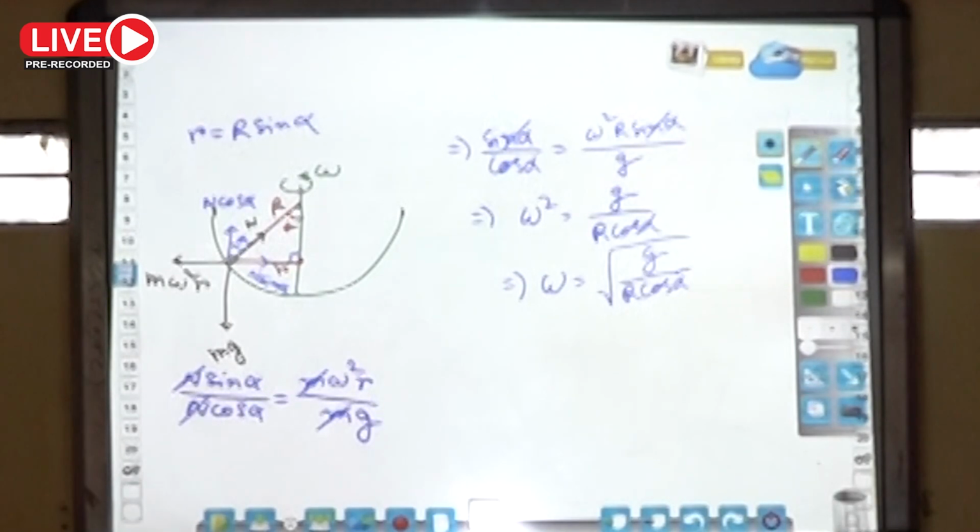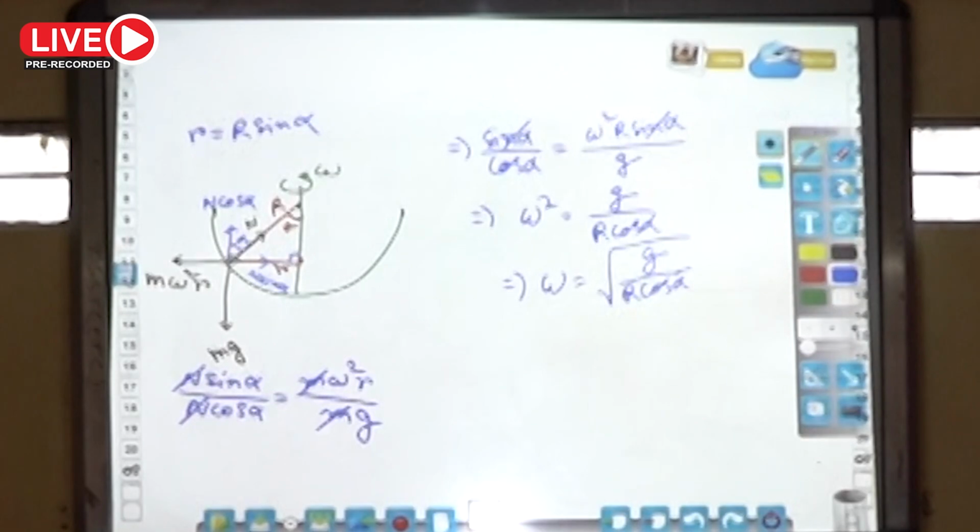So what we have done, the ball is at a certain height from the bottom position, since the ball is rotating about its axis. So that's why the ball is experiencing three forces when viewed from the non-inertial frame, that is the frame of the ball itself. So the observer sitting on the ball will experience three forces.